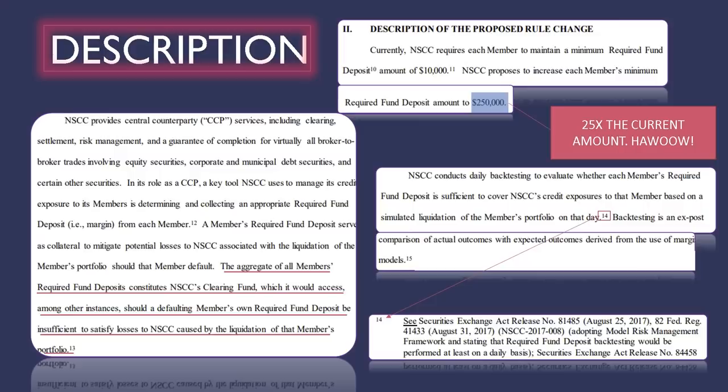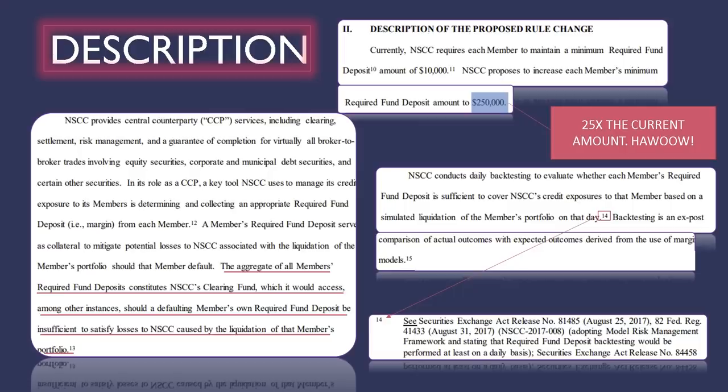Now, NSCC has been conducting daily backtesting simulations to evaluate whether each member's required fund deposit is sufficient to cover NSCC's credit exposures to that member based on simulated liquidation of the member's portfolio. They're literally simulating liquidations of members' portfolios right now. Why would they be doing that? I don't know.